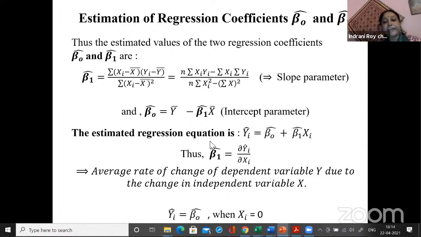Mind it, in regressions, we always talk about the association between y and x in the mean value. That means it is always an average value, not the actual one. So beta 1 hat basically tells you the average rate of change of the dependent variable y due to the change of the independent variable.